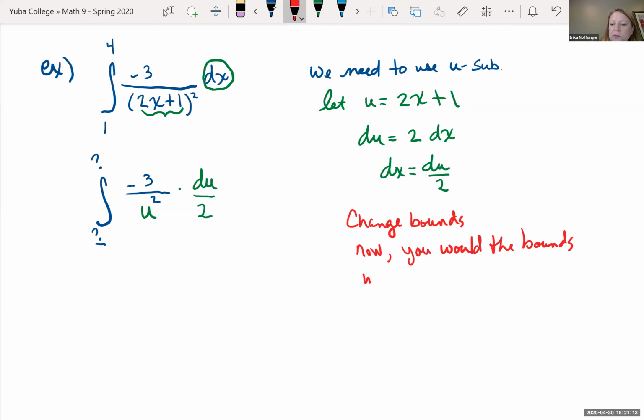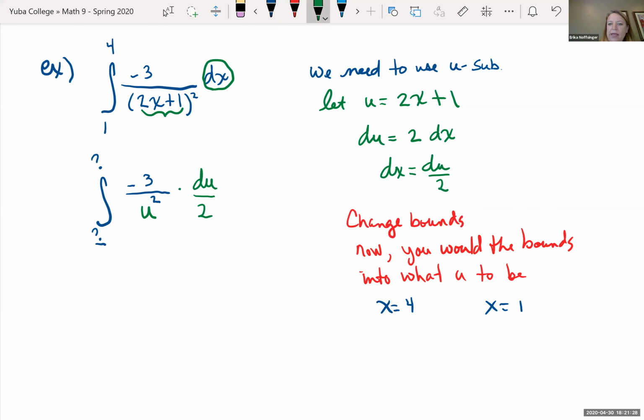Basically we want to look at when x is 4 and when x is 1.